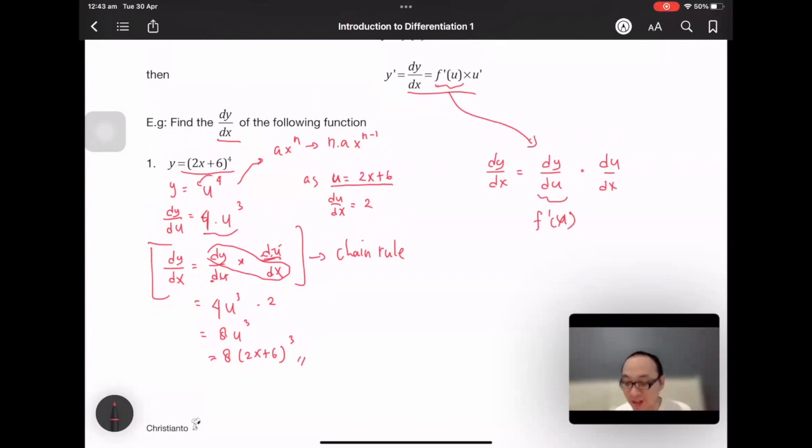And du over dx is the derivative of u, so u prime. This is the notation for the chain rule. So we derive the function u normally, as we derive the basic function, and then we multiply it with the derivative of the inner function, the function that we assume as u.